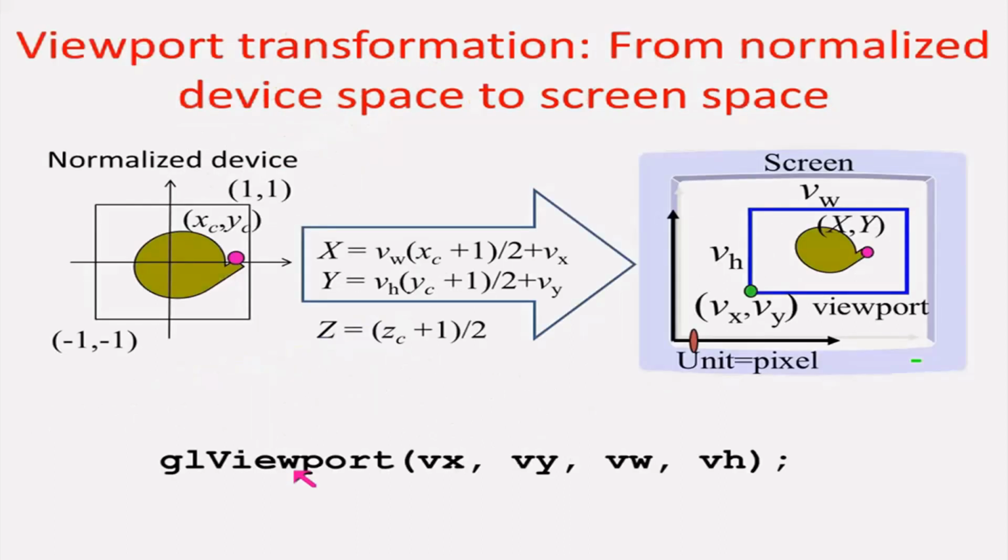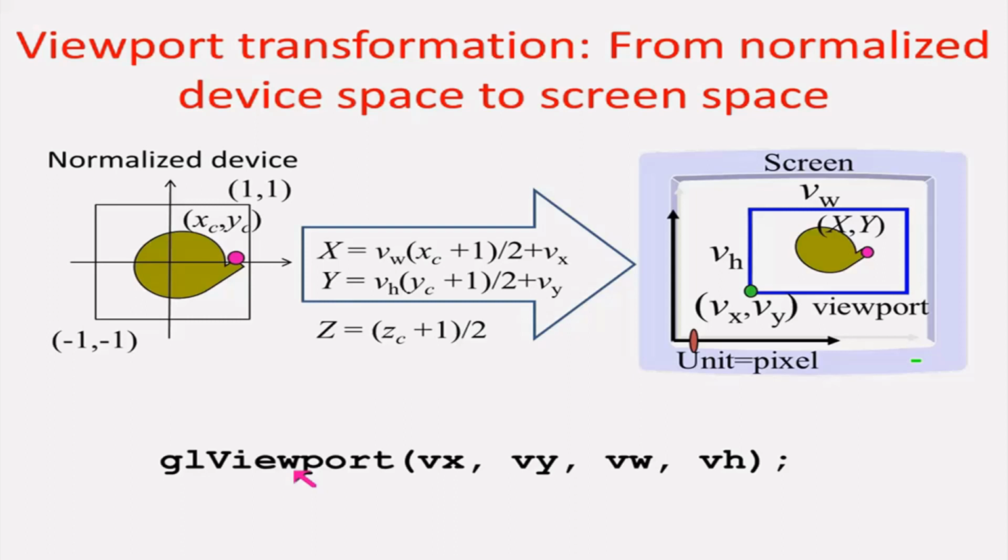Having executed the clipping step, homogeneous coordinates are converted to Cartesian coordinates, executing the homogeneous division. Because of clipping, all 3 Cartesian coordinates are between -1 and 1. The last transformation maps this normalized device space coordinates to real pixel space so that the point -1, -1 in x and y goes to the lower left corner of the viewport, and 1, 1 in x and y to the upper right corner.